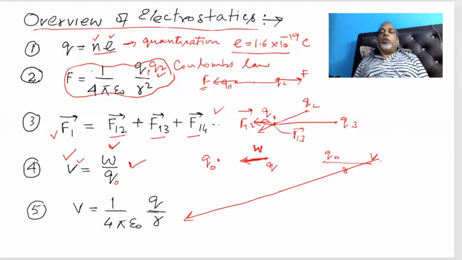If Q0 is there, then what will be the potential at a distance R?